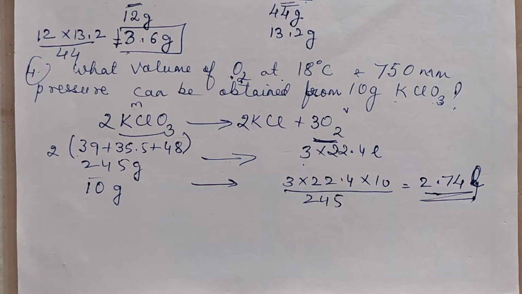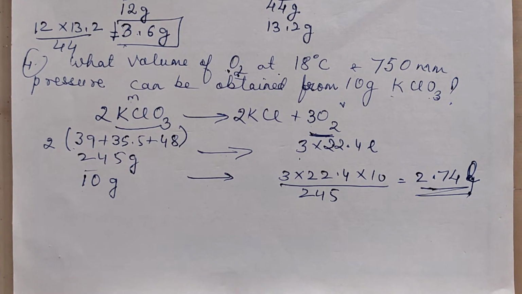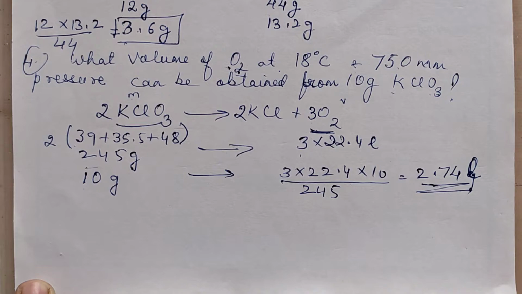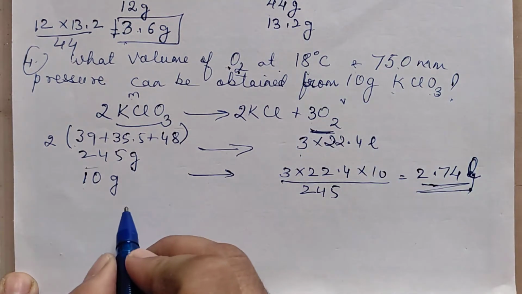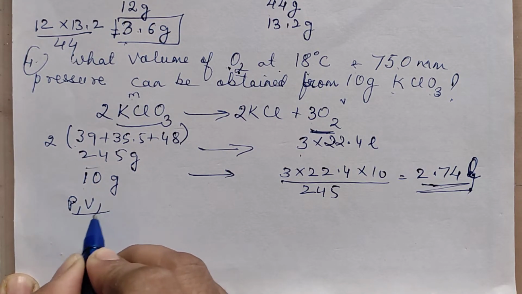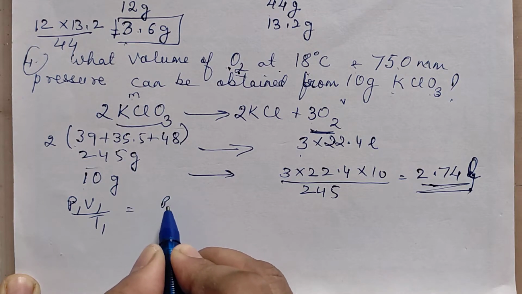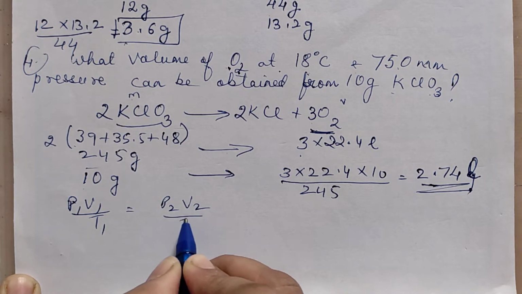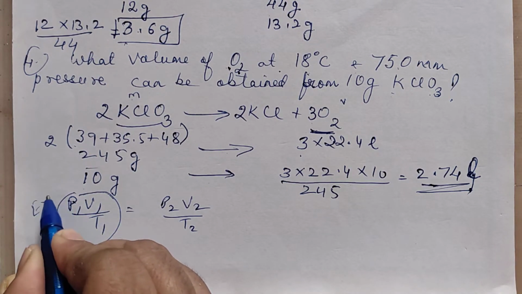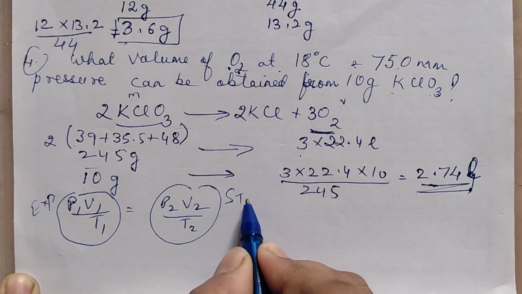But now, another thing in the question, it says calculate at this temperature and this pressure. To convert this under these experimental conditions, we will have to use the relation P1V1 by T1 is equal to P2V2 by T2. You take any one at experimental condition and the other one at STP.